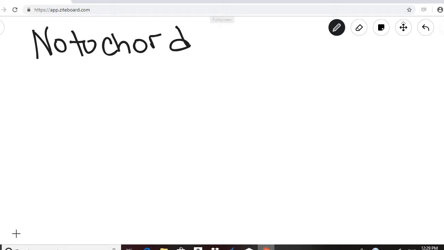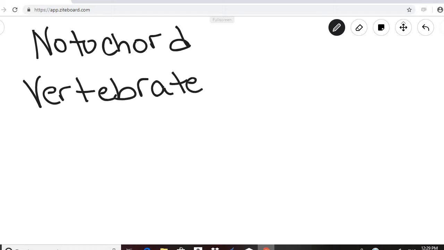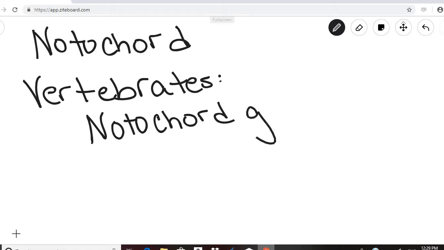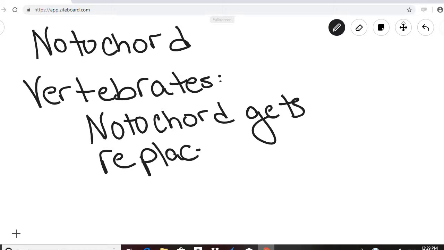But the thing that distinguishes the vertebrates is that the notochord gets replaced by a backbone. And thus they are therefore in the subphylum of the vertebrates.